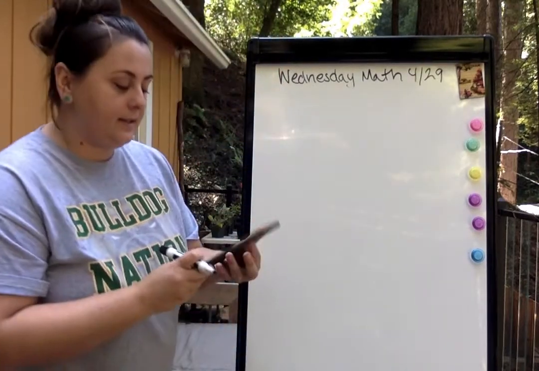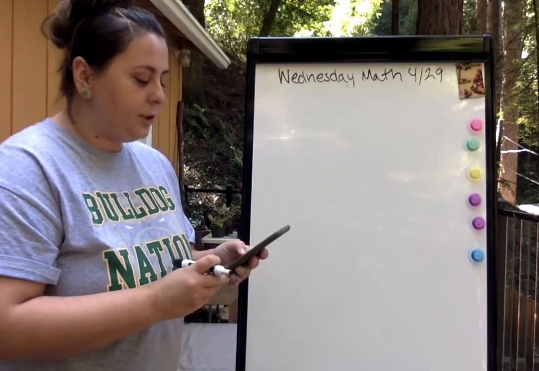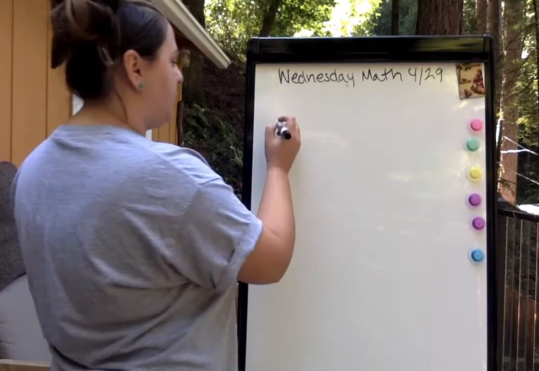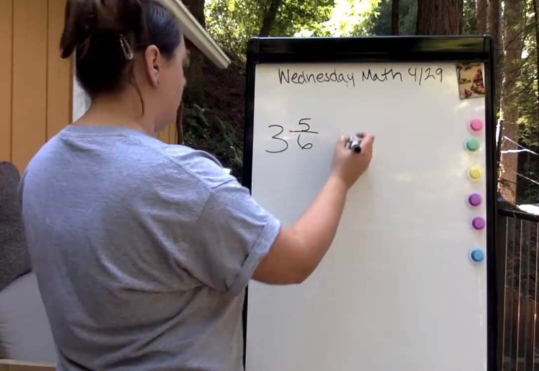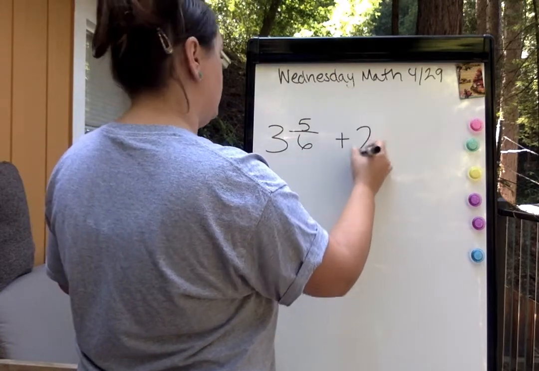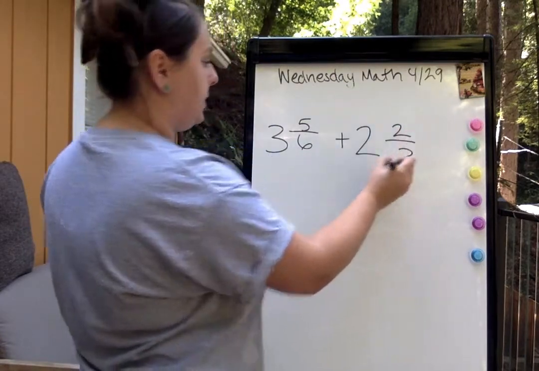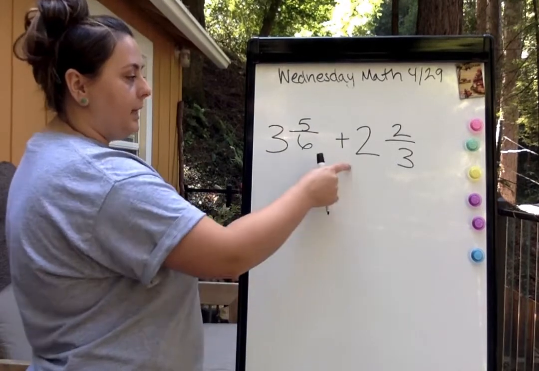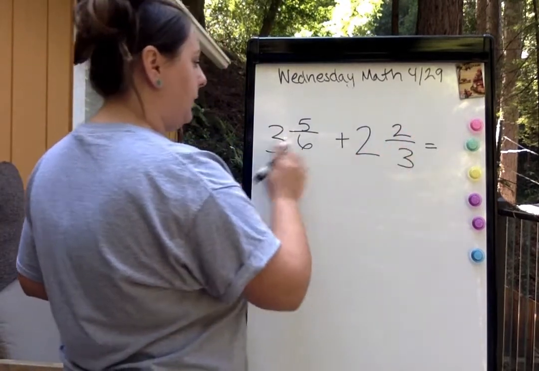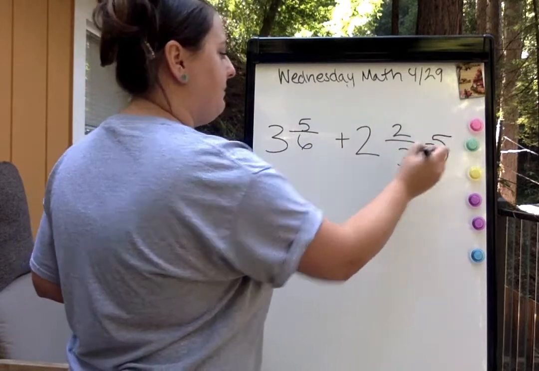Now we're going to find the sum. Sum is your clue that this is addition. So we've got 3 and 5/6 plus 2 and 2/3. First things first. Add your whole numbers up. 3 plus 2 is 5.